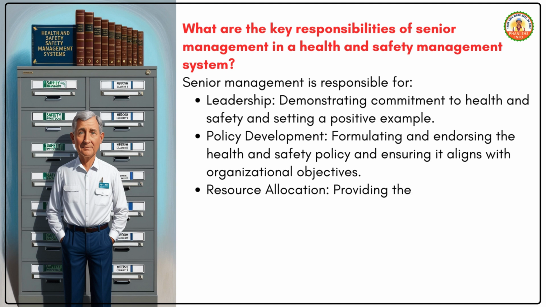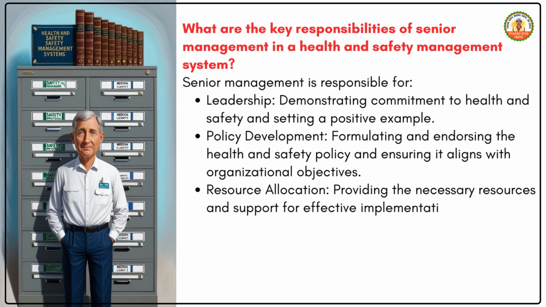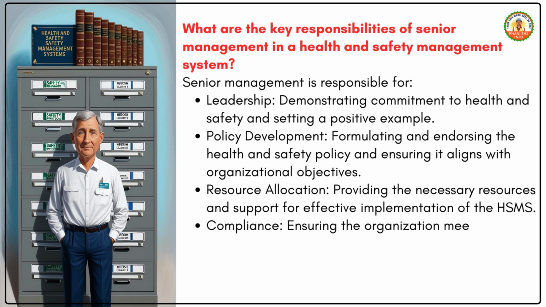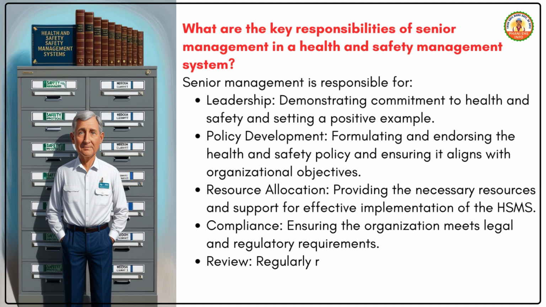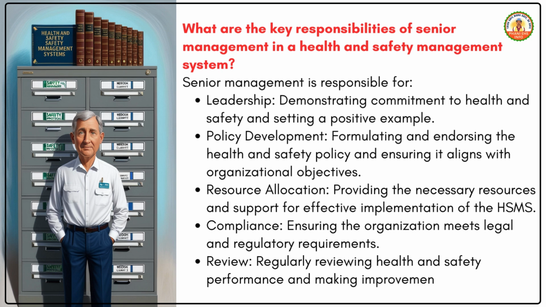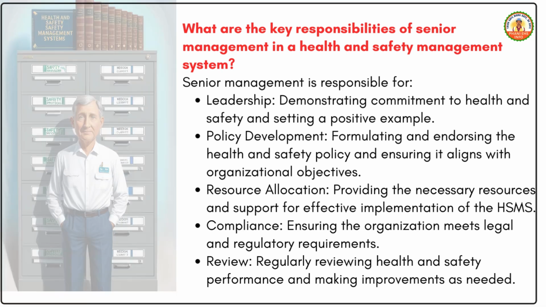Resource allocation, providing the necessary resources and support for effective implementation of the HSMS. Compliance, ensuring the organization meets legal and regulatory requirements. Review, regularly reviewing health and safety performance and making improvements as needed.